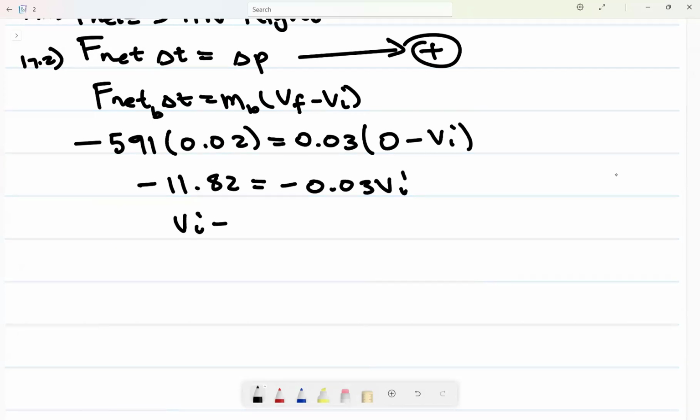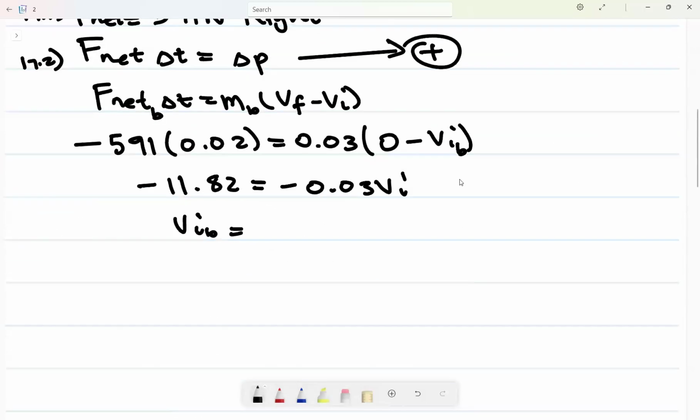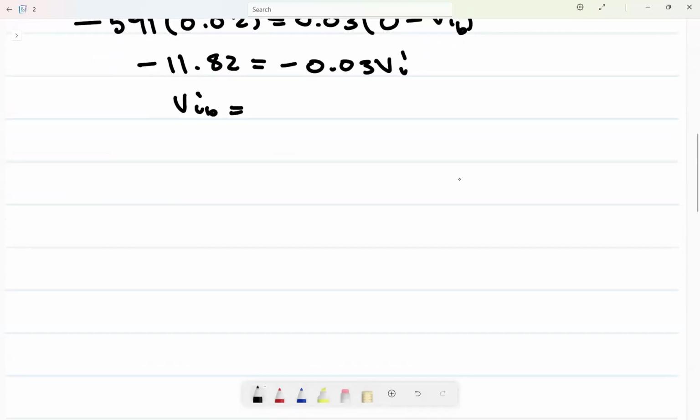Remember this is VI of the bullet. They want the magnitude only. So it will be 11.82 divided by 0.03. I get an answer of 394 meters per second. Do not get scared when you get this value. Remember, a bullet can travel at a very, very high speed.